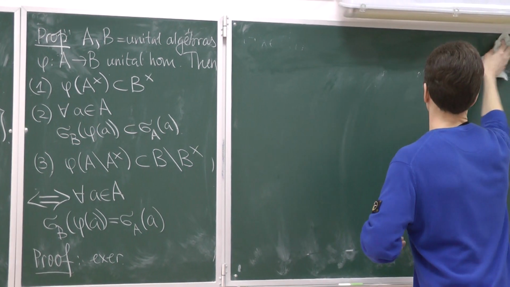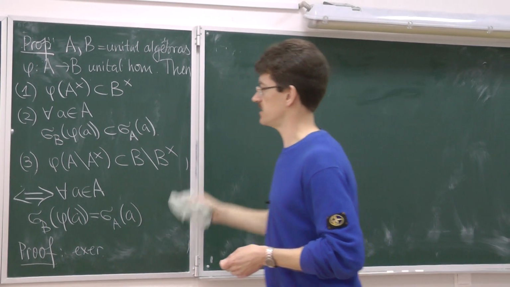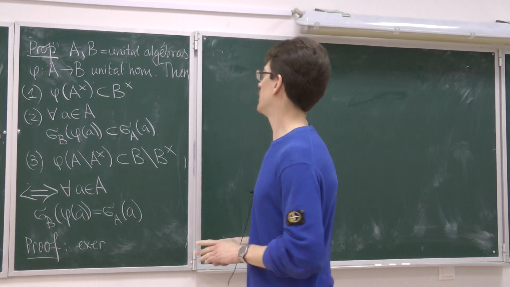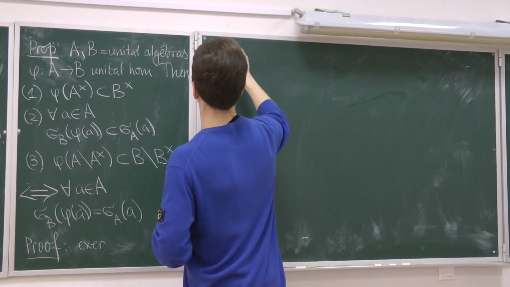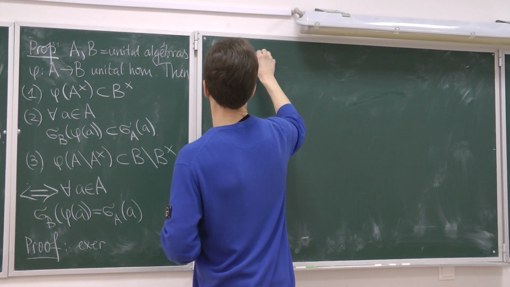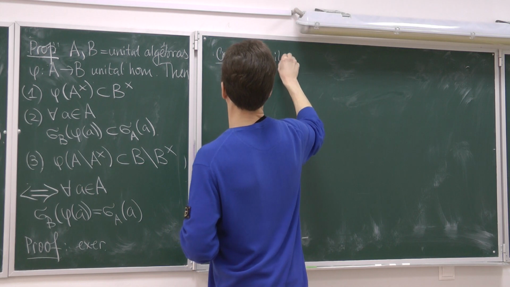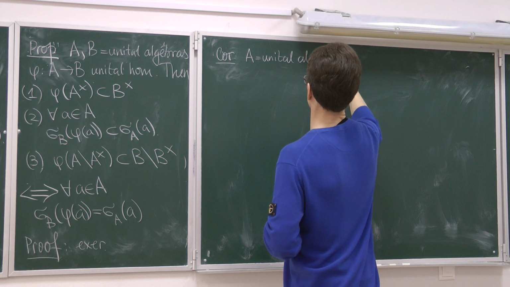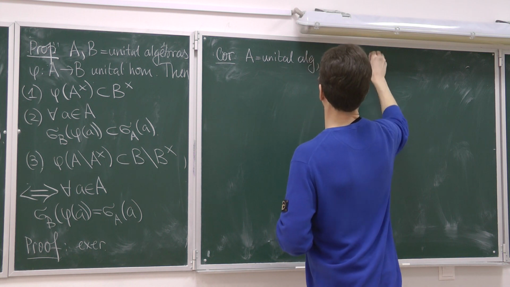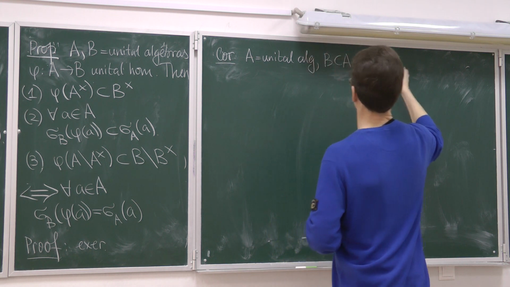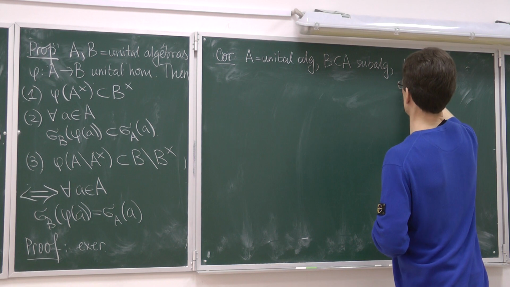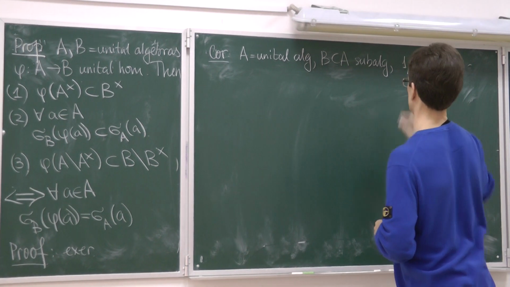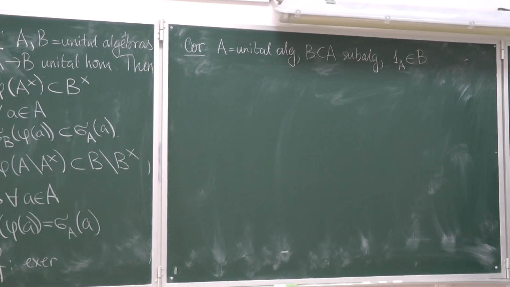Let's now look at a special case. We have the following corollary. Suppose that A is a unital algebra, and suppose that B is a subalgebra of A, such that the identity of A belongs to B. So we assume that A and B have the same identity.